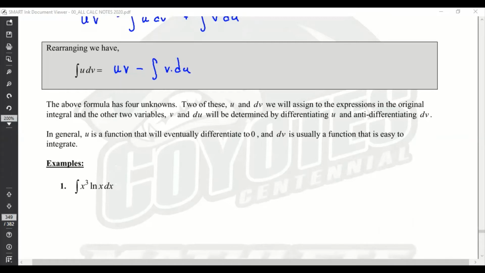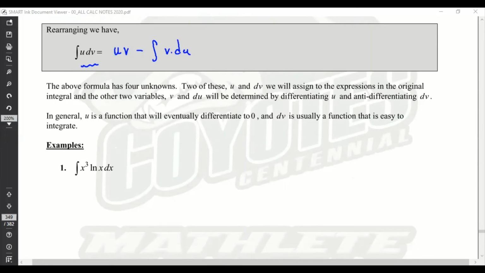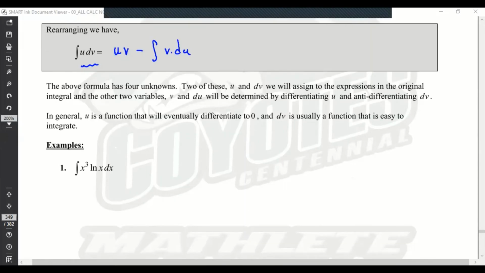So this will be the original question, the integral of u times dv. The other variables, v and du, we're going to determine by integrating and by differentiating dv and u respectively. In general, u is a function that will eventually differentiate to 0, and dv is usually a function that's easy to integrate.